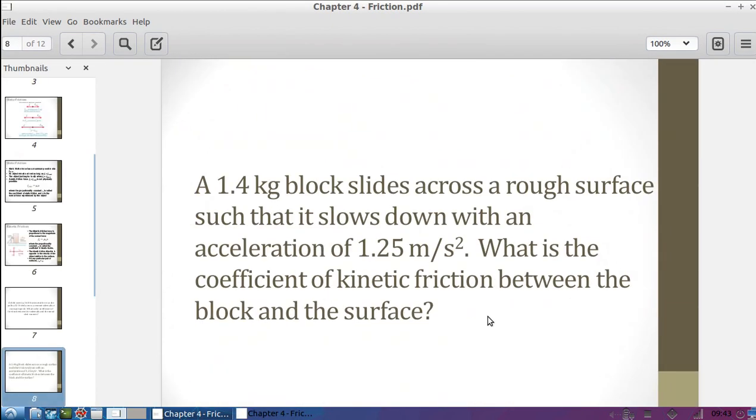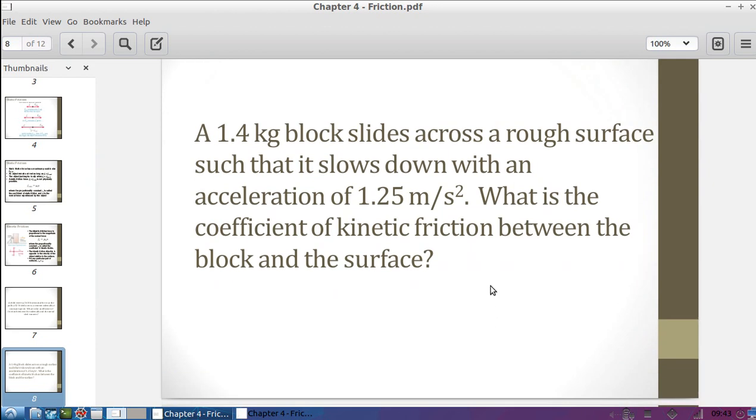Alright, so next example, I've got another block that's sliding across a rough surface. Now it's got an acceleration of 1.25 meters per second squared, but it says it slows down. So picture you're pushing a block and then you let go of it, right? And then it slows down and comes to a stop. So we're looking for the coefficient of friction between the block and the surface.